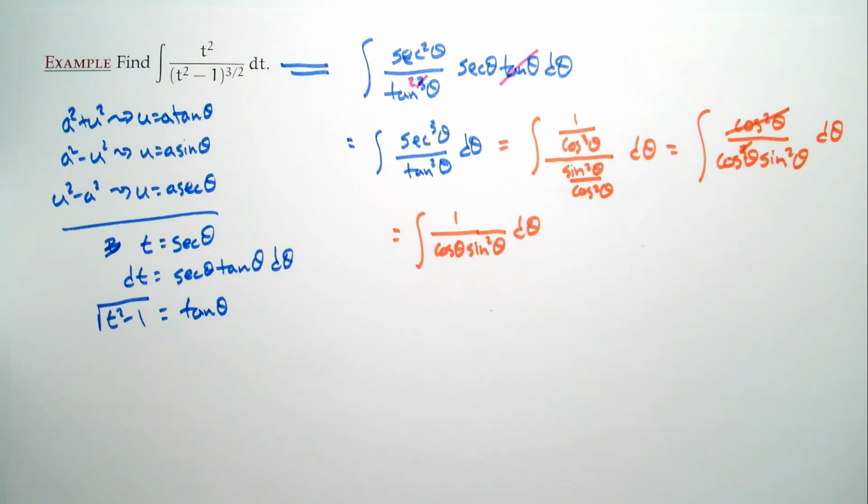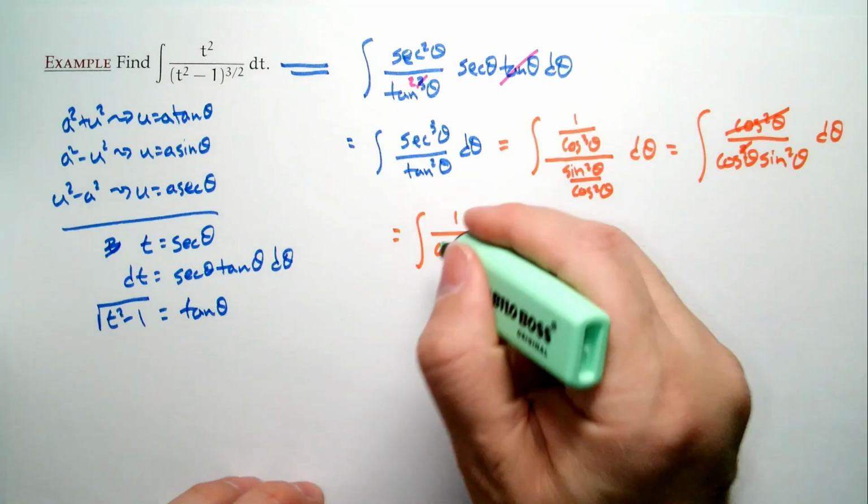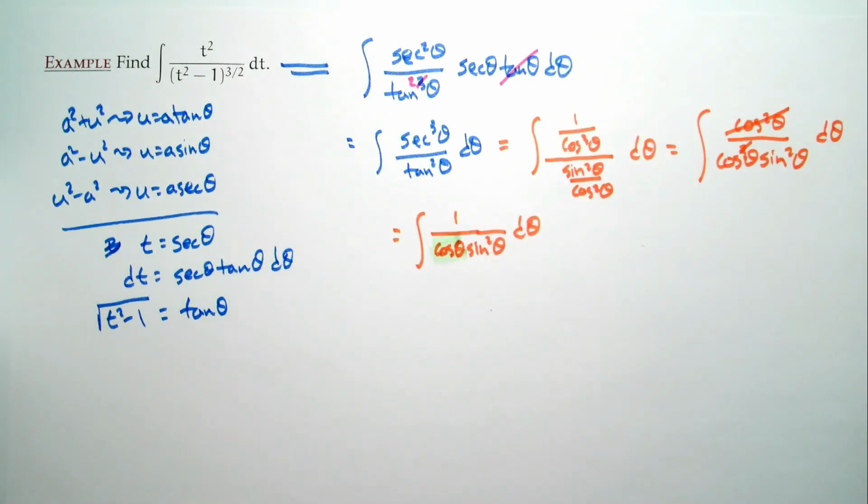The situation you want to be in is to have either an odd power of cosine or an odd power of sine. Are we in that situation? Yes, we are. You see, cosine, right there, it's really to the -1 power. And -1 is odd. So, what could we do?